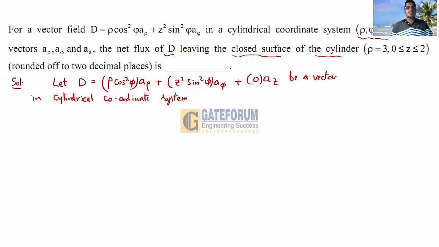The unit vectors are a rho, a phi, a z. Usually the coefficients of those unit vectors are denoted by D rho, D phi, D z because D is a vector. If it were a vector E, it would be E rho, E phi, E z.